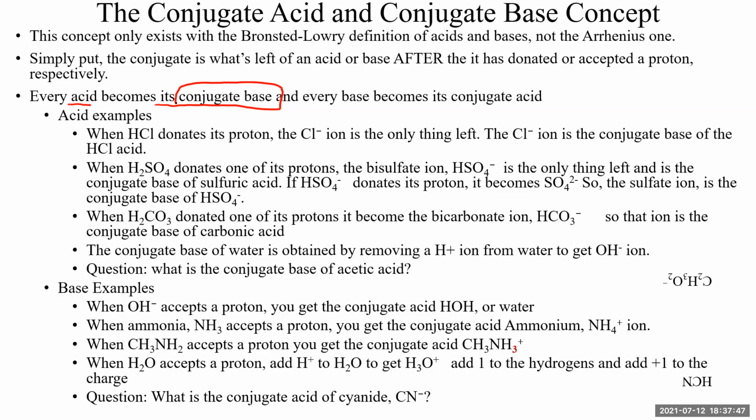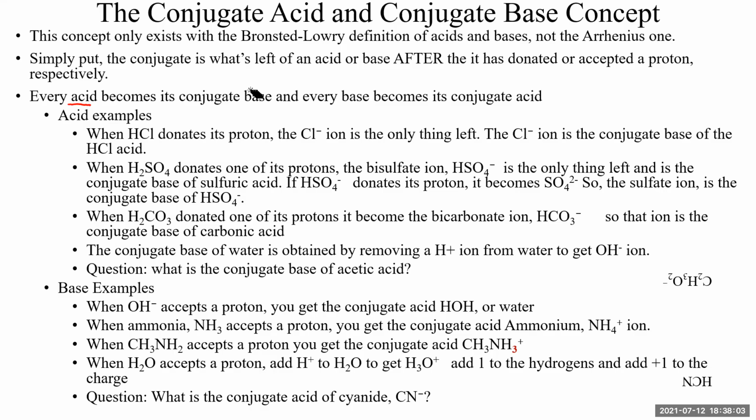Otherwise, these are relative terms. There's no real reason to call one compound a conjugate of a different compound. So every acid becomes its conjugate base, and every base becomes its own conjugate acid.